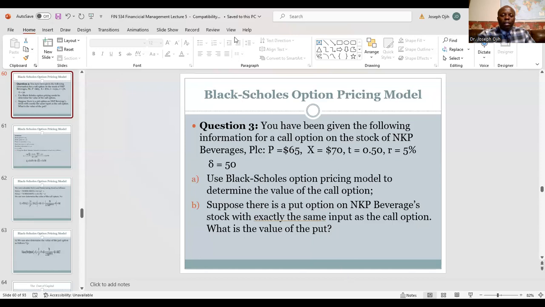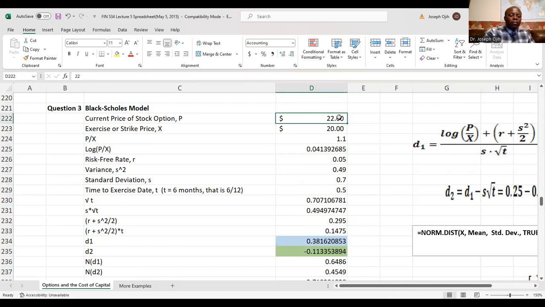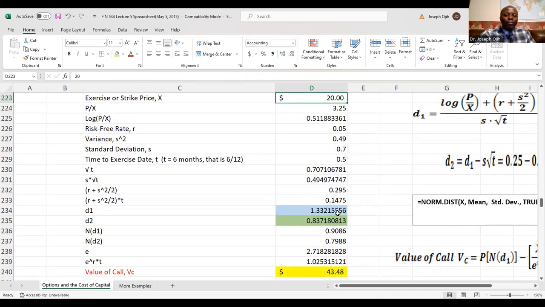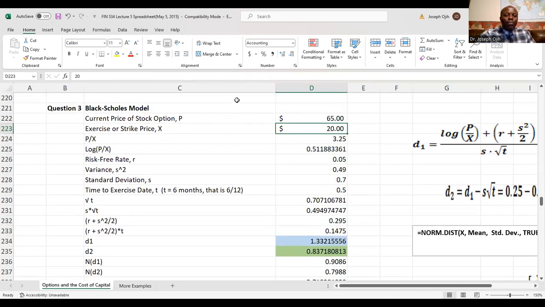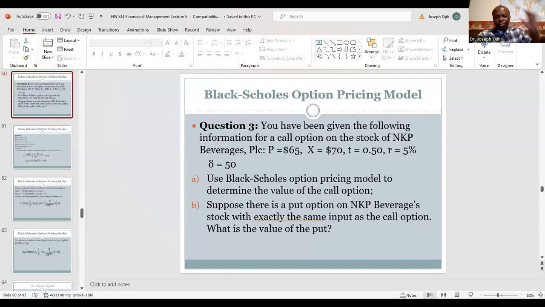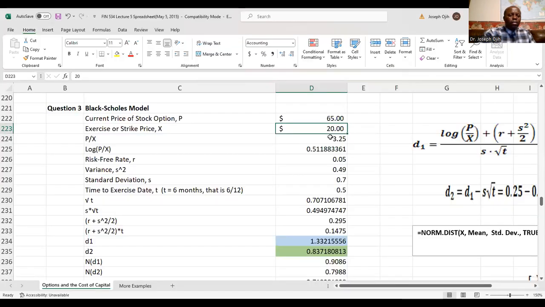So we put $65 right there. Look at the value we have here. As we put the number, it will be changing. You can see that it has changed to 43. Now, the strike price, according to what we have here, is $70. So we put $70 for the strike price.